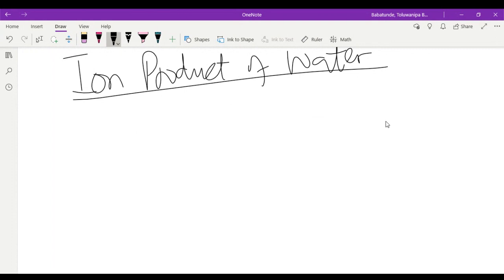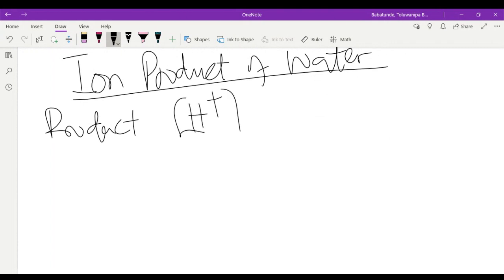The number is called the ion product of water, and it has the symbol Kw. It's the product of H plus and OH minus.